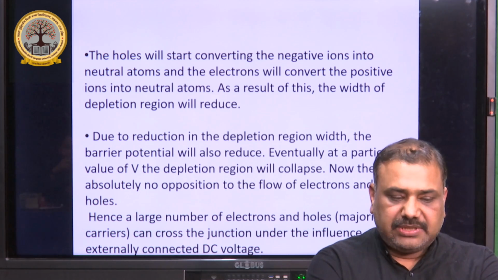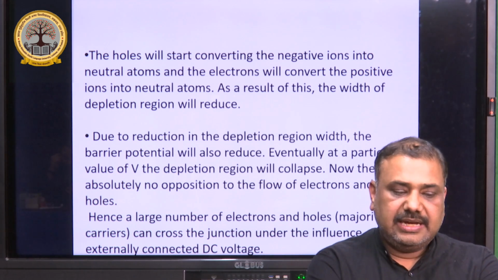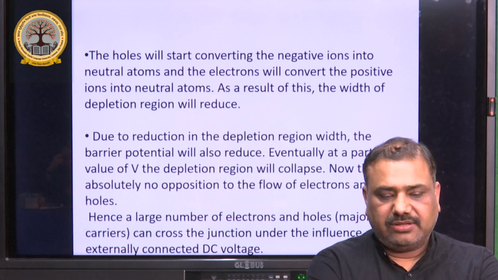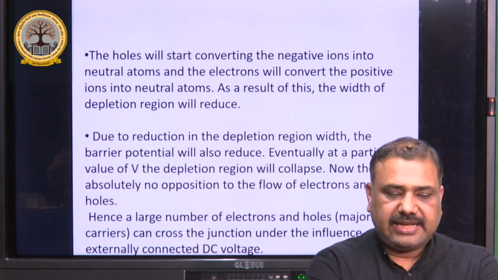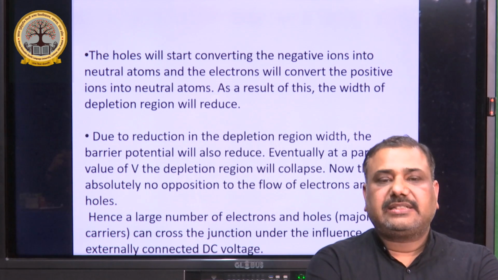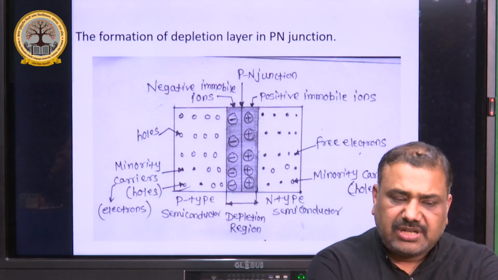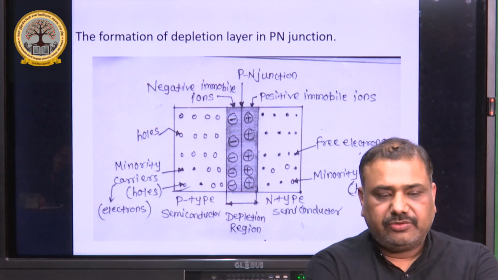Now there is absolutely no opposition to the flow of electrons and holes. Hence, a large number of electrons and holes, meaning majority carriers, can cross the junction under the influence of the externally connected DC voltage.